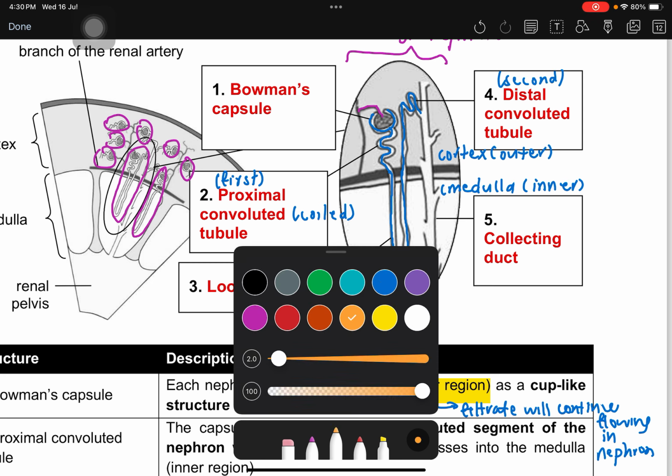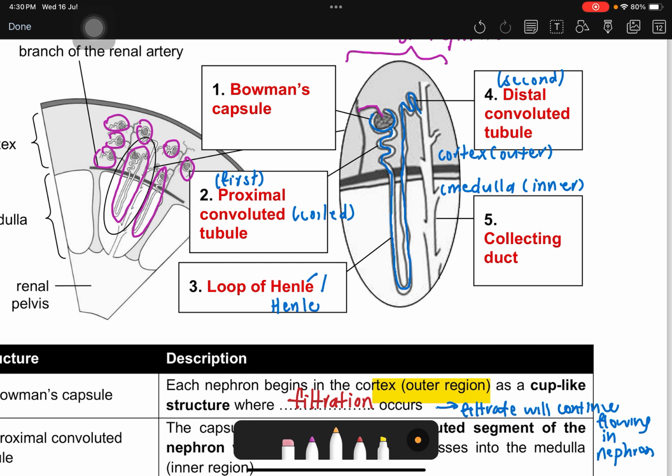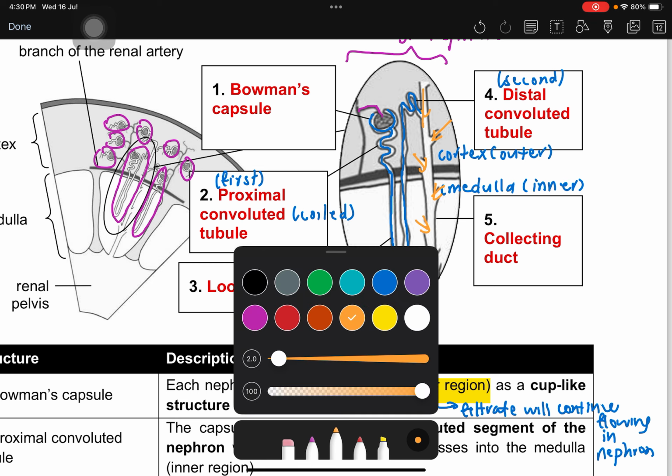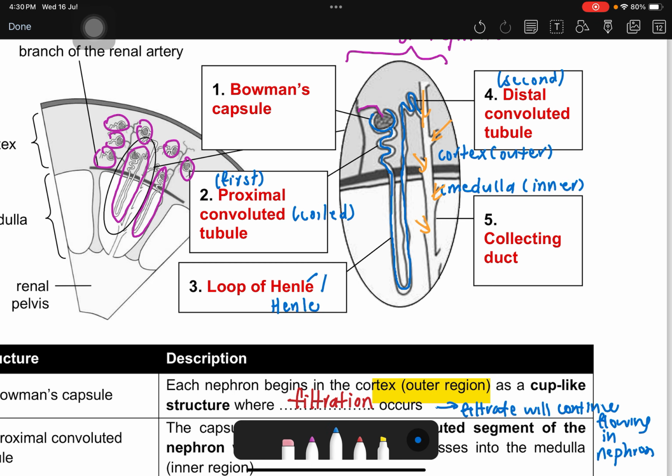So in the collecting duct, by then it's the urine that is produced from multiple different nephrons. So the collecting duct is actually shared between multiple nephrons.